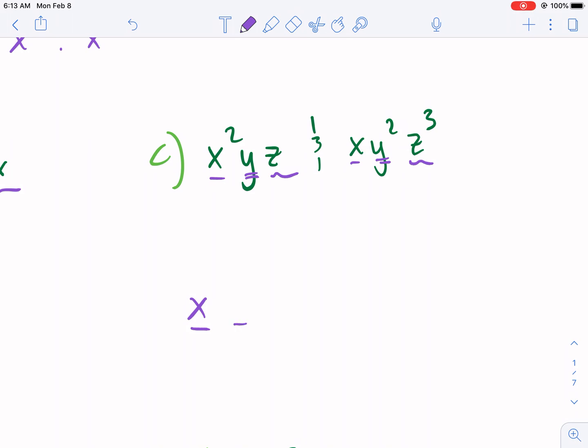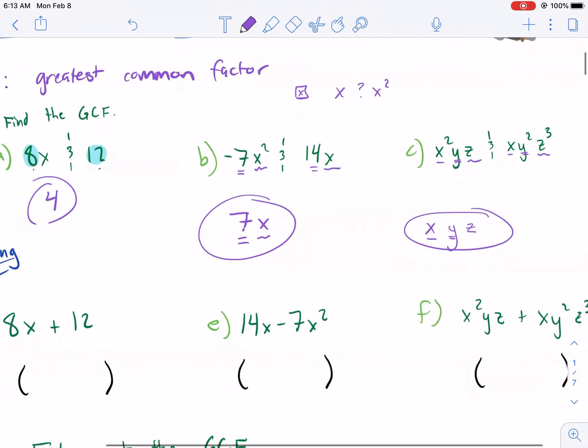What about y? The greatest common factor between y and y squared is going to be y. And then for z, we have z and then z cubed. Although z, z squared, and z cubed are all factors of z cubed, we only have a z over here, so the greatest common factor is simply z. So we have x, y, z as our greatest common factor.